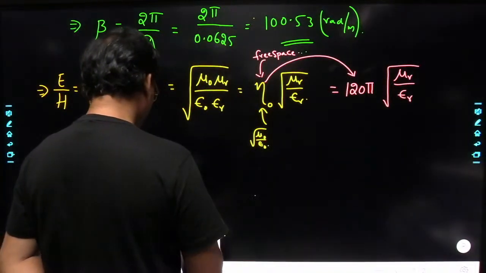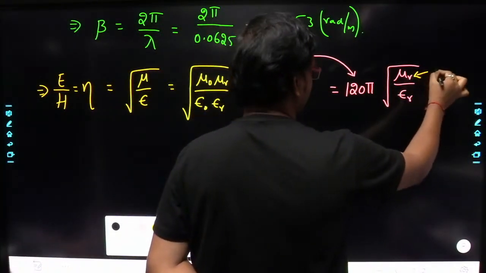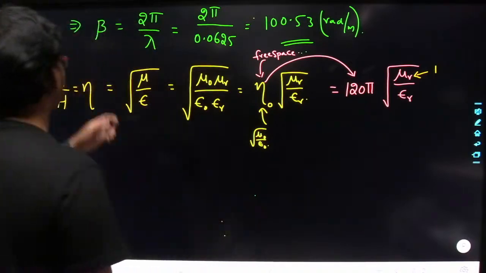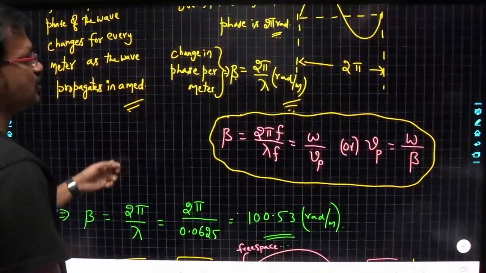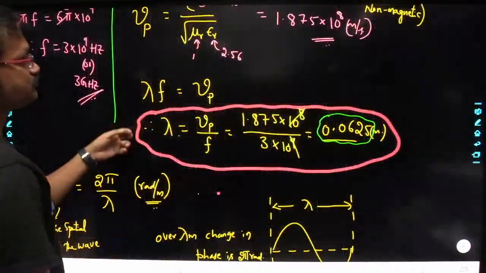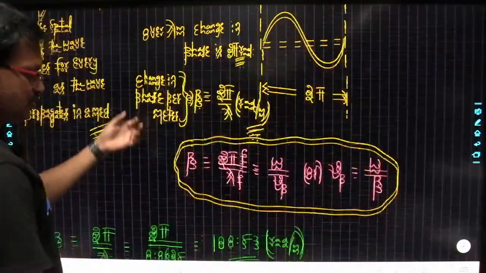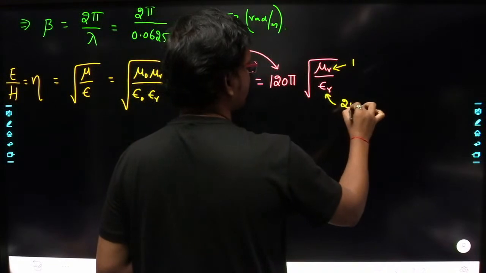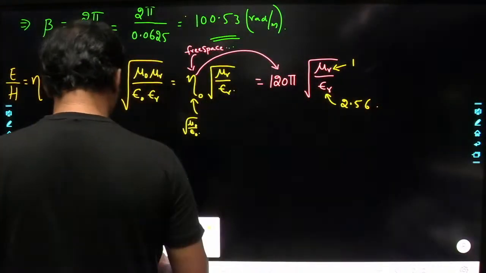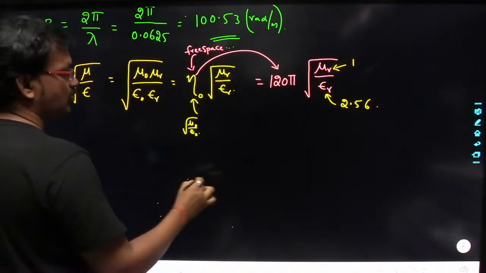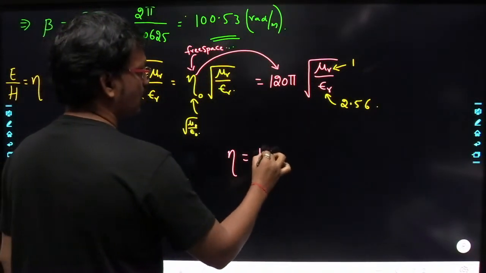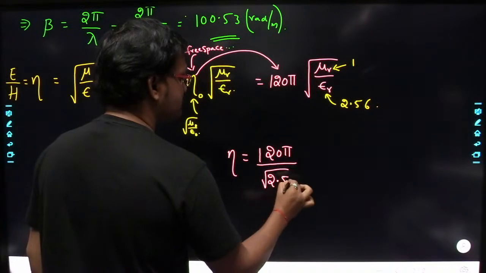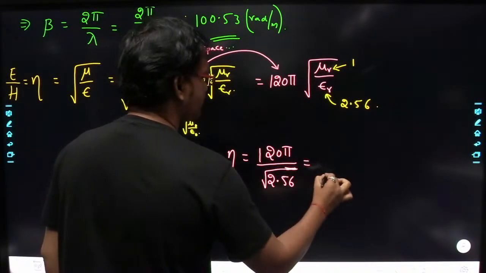Non-magnetic medium means mu r is 1, and epsilon r is given as 2.56. So eta is equal to 120 pi divided by square root of 2.56.